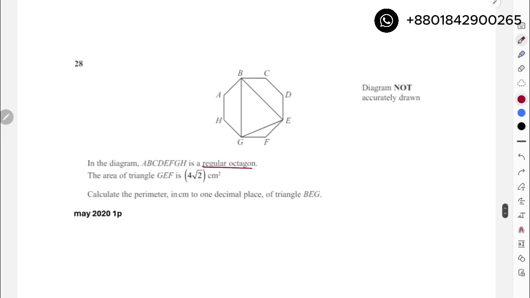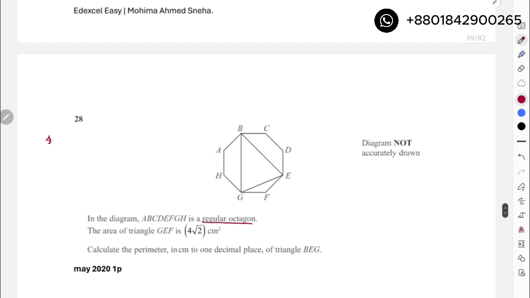The interior angles of the octagon can be calculated using that formula, what? 2n minus 4, wait one minute, 2n minus 4 multiplied with 180. Yeah, it was n minus 2, 180 divided by n, right? So if I want to find the interior angles first, this is going to be n minus 2 with 180 over n.